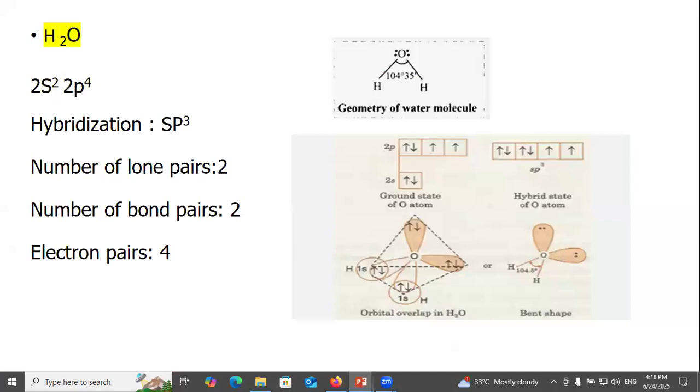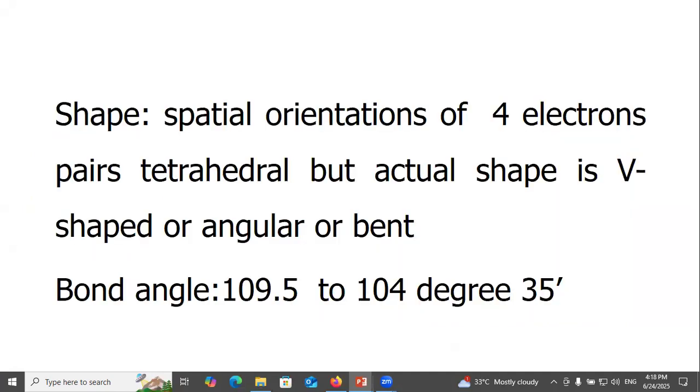In case of water, the hybridization sp3, number of lone pairs 2, bond pairs 2, electron pairs 4. Spatial orientation of 4 electron pairs tetrahedral, but actual shape is V-shaped or angular or bent. Bond angle 109.5 to 104 degree 35 minutes.